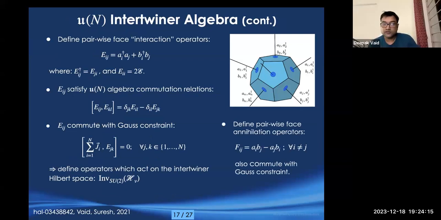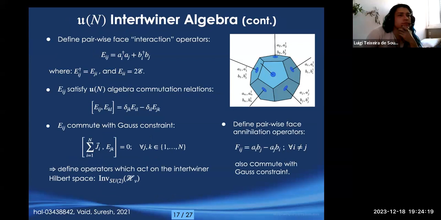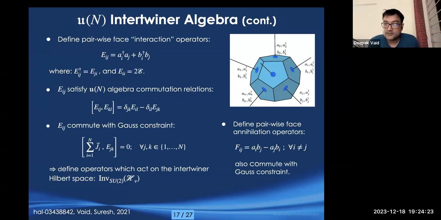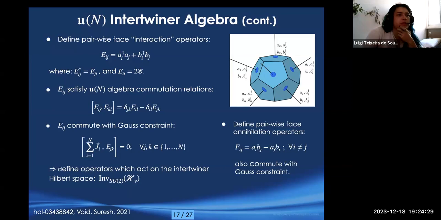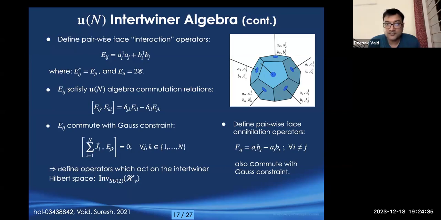So these are also operators which you can construct. Now, what kind of operators are these? F_ij: you have products of annihilation operators of both oscillators. So they are annihilation operators.